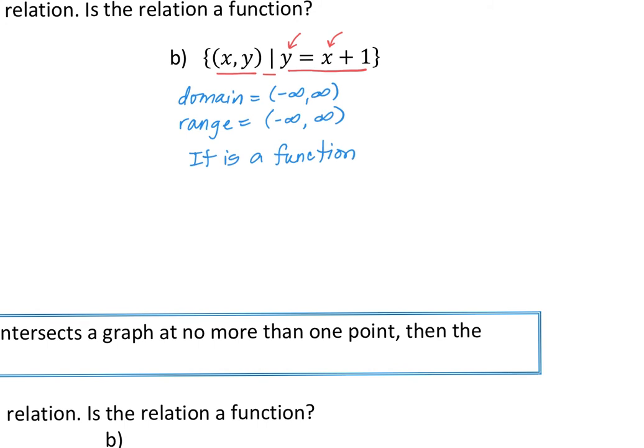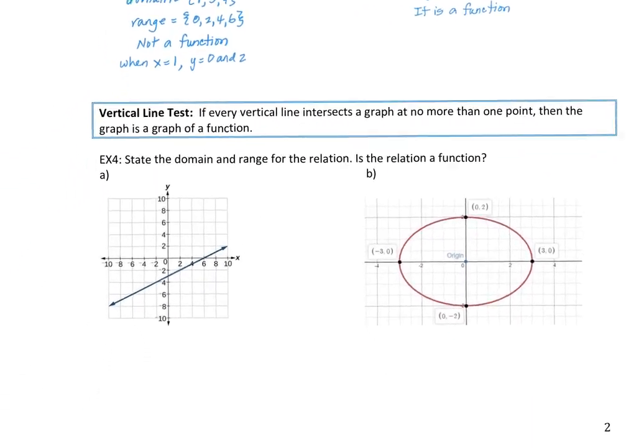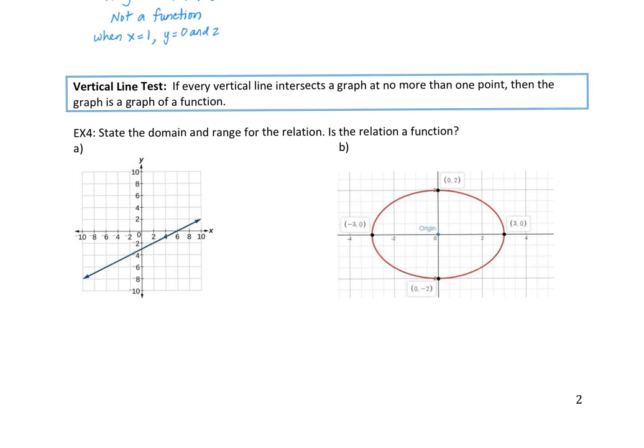I put in an x value, I just get 1 y value back. Again, it's a little bit more difficult to see when you're looking at an equation and not a table or a set of values. So before we look at domain and range with a graph, we actually want to talk about graphs and whether they are functions or not. All graphs are relations, because you can write the points as ordered pairs.